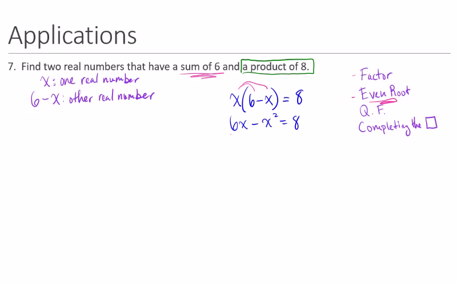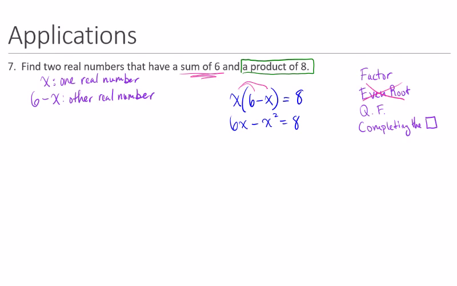The fact that we have a 6x here with the x squared means we can't use the even root method, because I can't isolate x squared equal to just a plain number. I would have a 6x on the other side, so I won't be able to just take the square root of both sides. We know that this one doesn't work in this situation.